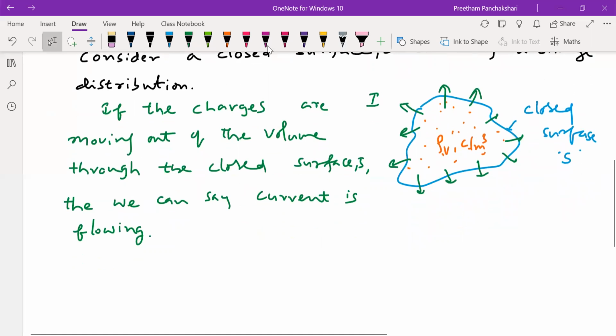And this current is given by the equation I is equal to surface integral of J dot ds.